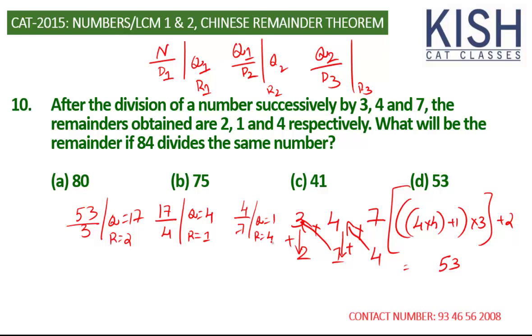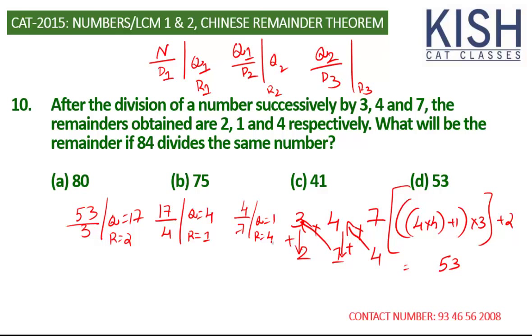So the last remainder must be multiplied with the divisor number 2, and the result must be added to the second remainder, and the whole result must be multiplied by the first divisor, and the final must be added to the first remainder. That's what we get, 53. 53 is the first number.